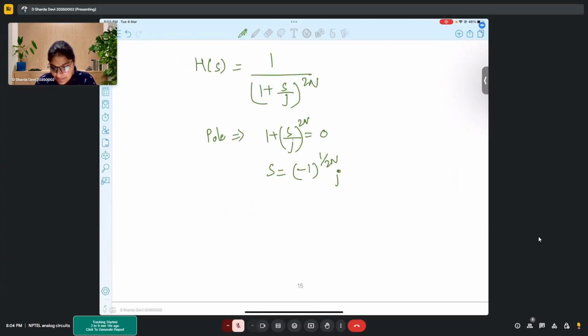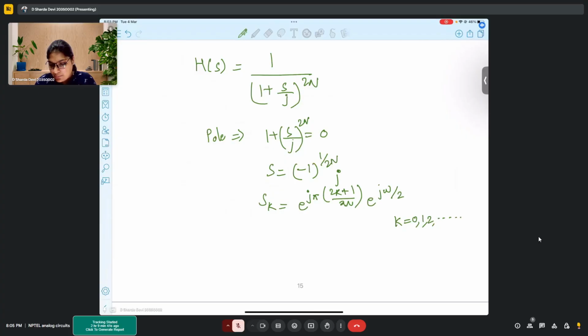So this will come out to be e to the power j(2k+1)π/2n times e to the power jω/2, where k can take integer values: 0, 1, 2, and so on.